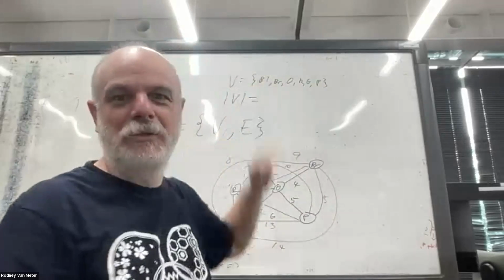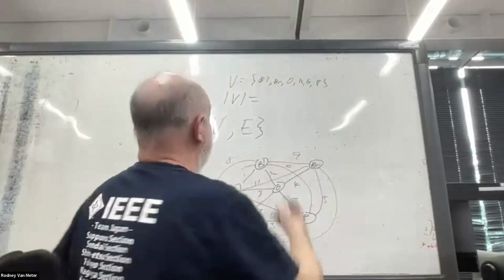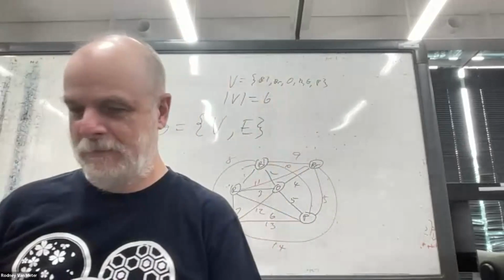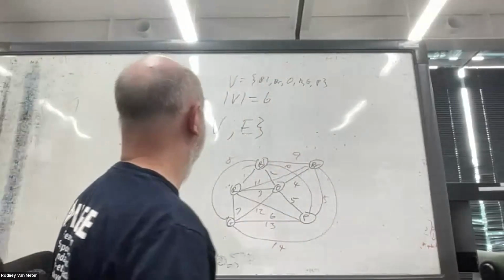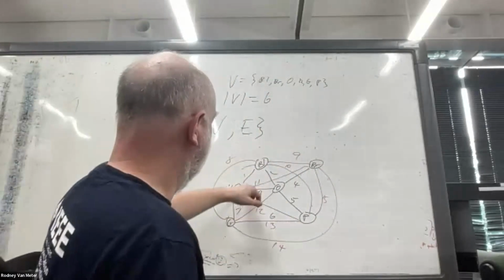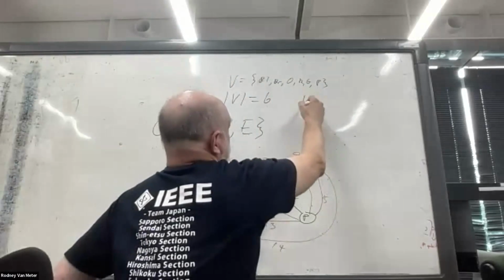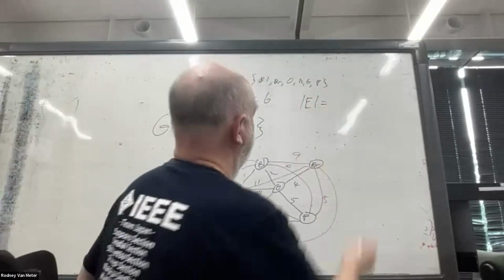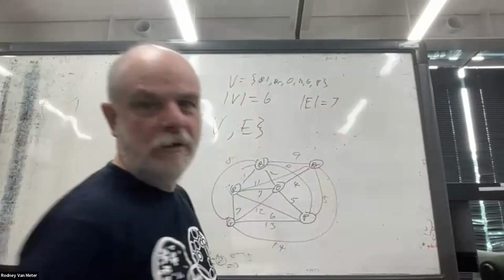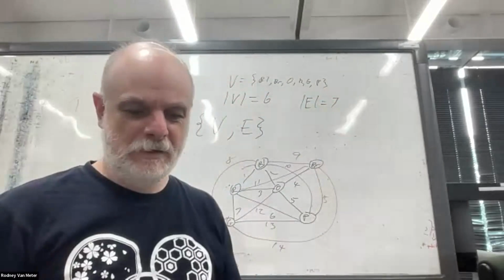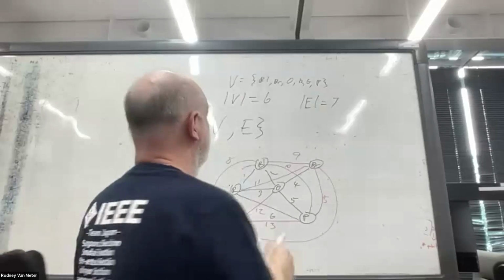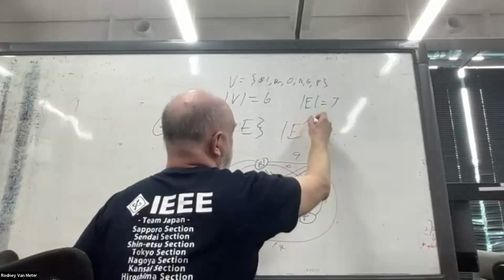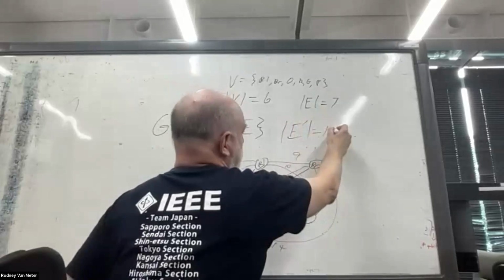Magnitude of V, or the amplitude of V. The size of the set V would be 6. There are 6 total elements in this set. The original set E, the set that was written here in black, had 7 original edges. And if we call the set E prime here all our edges, then we had a total of 15.